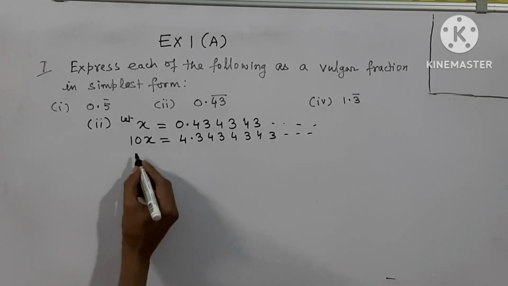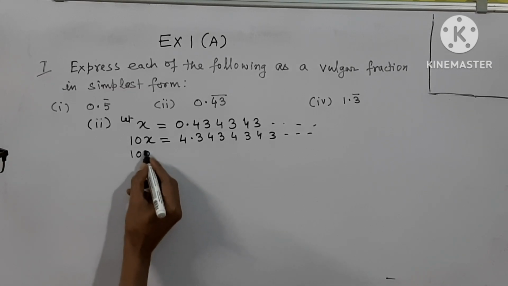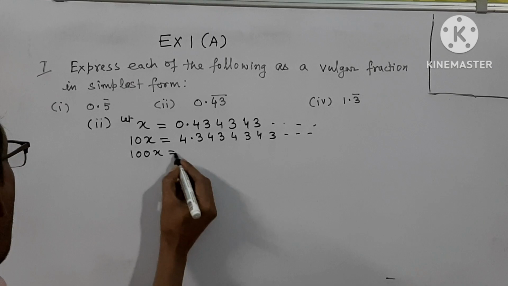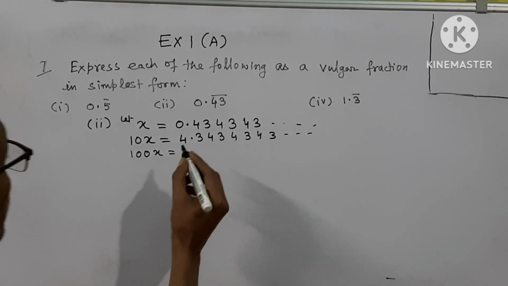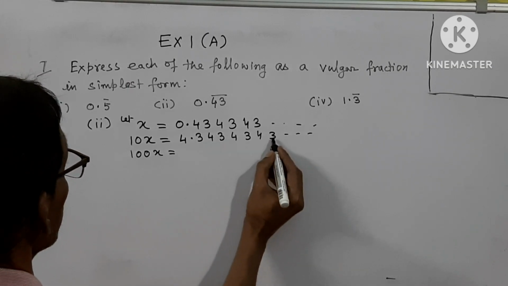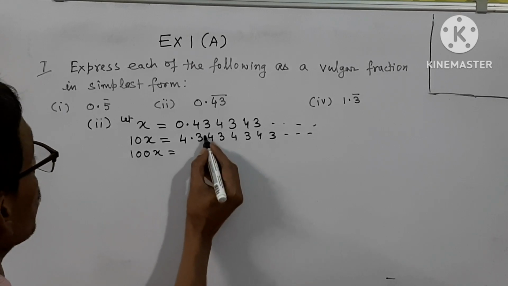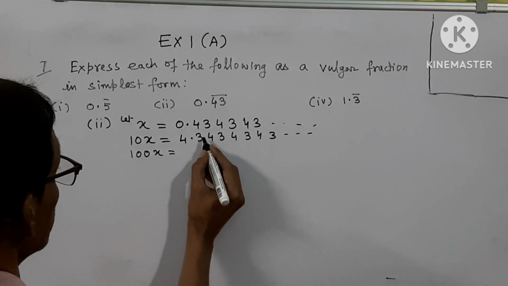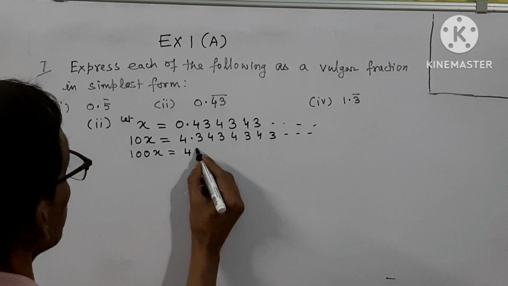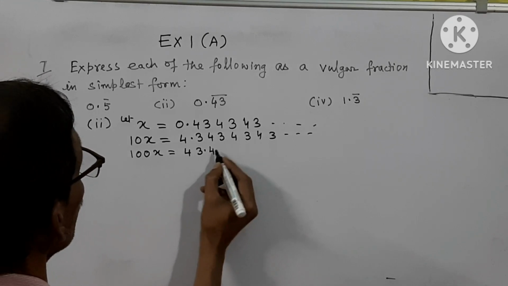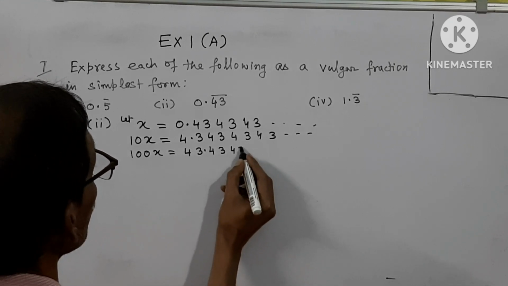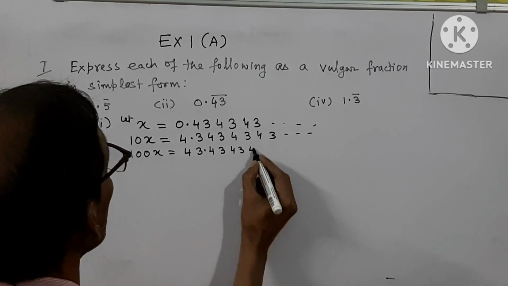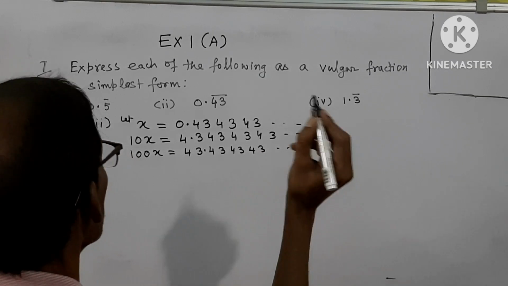So 10x into 10 becomes 100x, and then multiplying by 10 here, the decimal will go after 3, that means it will become 43.434343 and like this.